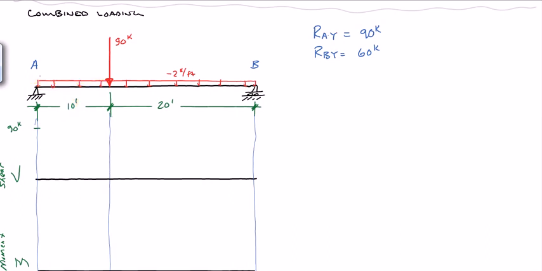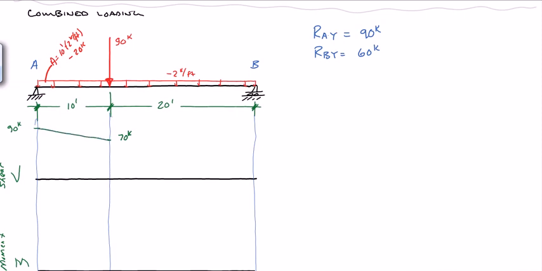So let's find the area of this. A equals 10 feet times 2 kips per foot, and it's a minus 2, so it's minus 20 kips. That means we drop from 90 down to 70 kips. Again, it's going to be a sloped line at a constant slope of minus 2.